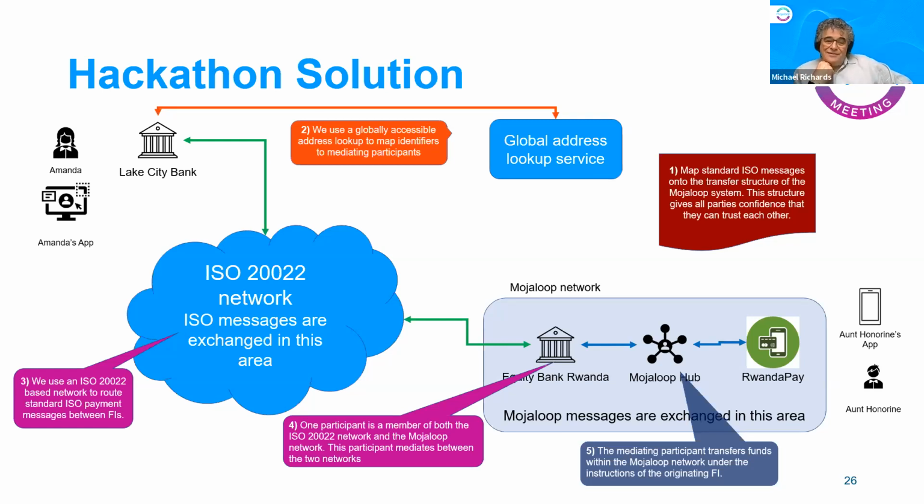Thanks very much. Just a couple of things I'd like to add to this excellent characterization. First of all, one of the things that the ILP solution enabled us to do is, you will notice that in this structure, the Lake City Bank doesn't need to know anything about Rwanda Pay, even that it's there. It thinks it's talking to Equity Bank Rwanda.